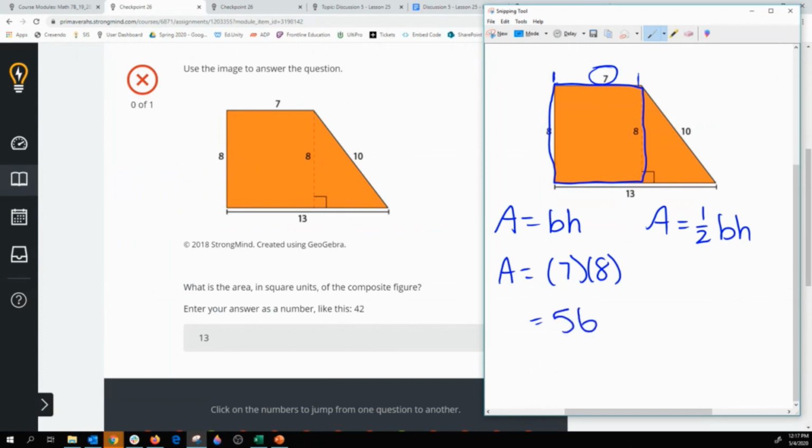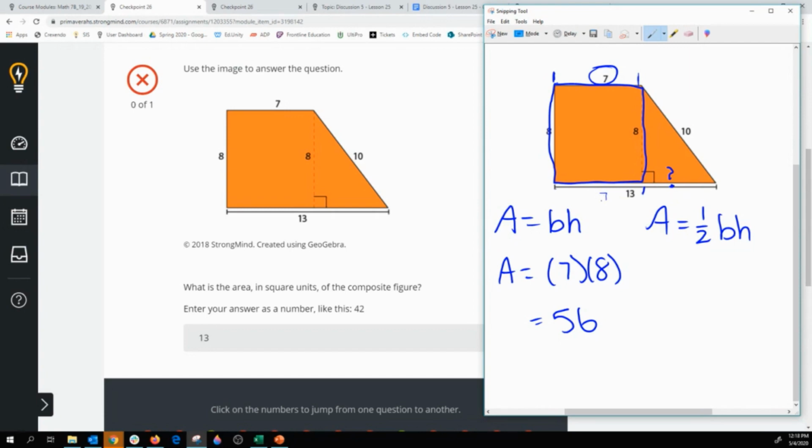56. And then to figure out the base here for my triangle, well, I know that this whole segment here is 13. And up to this point, if I were to take this to here, this would be 7. So if I know that the whole segment is 13 and this small portion is 7, what would I do to figure out what this section is here?